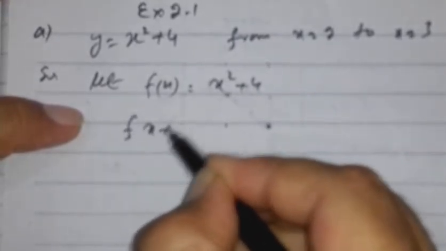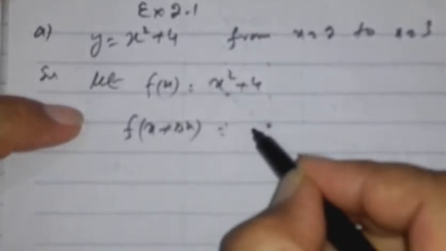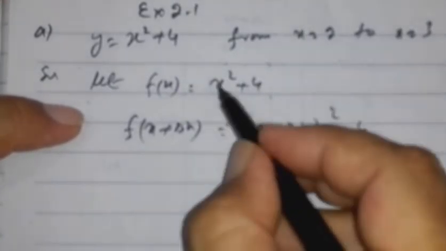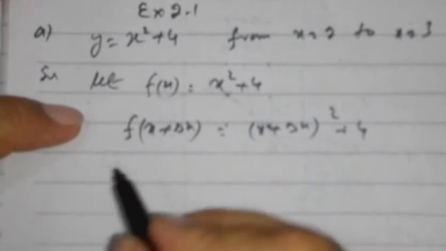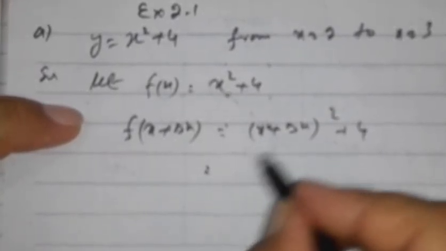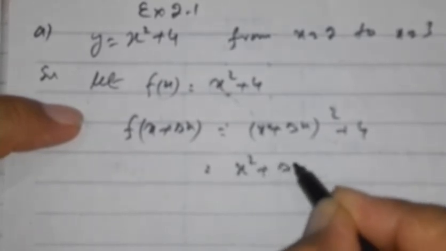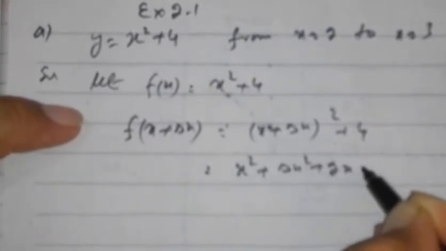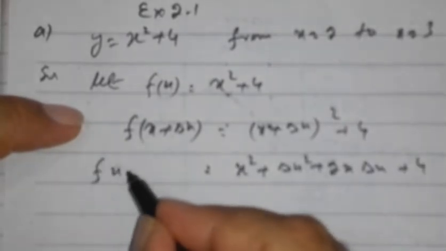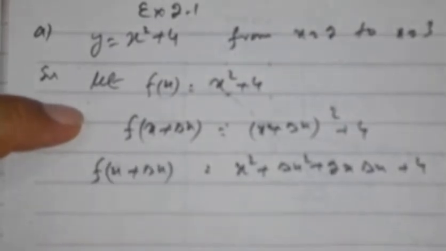So f of x plus del x will be equal to (x plus del x) square plus 4. Put here x plus del x. So it will become, expand this square, x square plus del x square plus 2x del x plus 4. This is f of x plus del x.